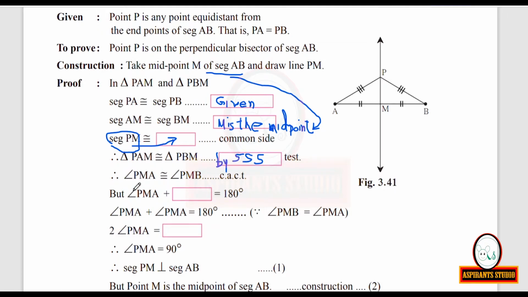Angle PMA is congruent to angle PMB, corresponding angles of congruent triangles. But you all know PMA plus PMB is equal to 180 degrees because they make linear pair of angles. So now here you will write angle PMB.